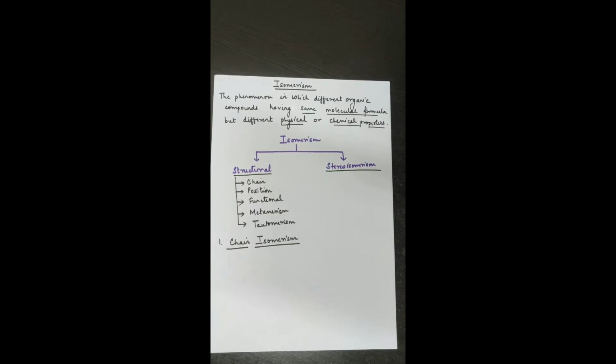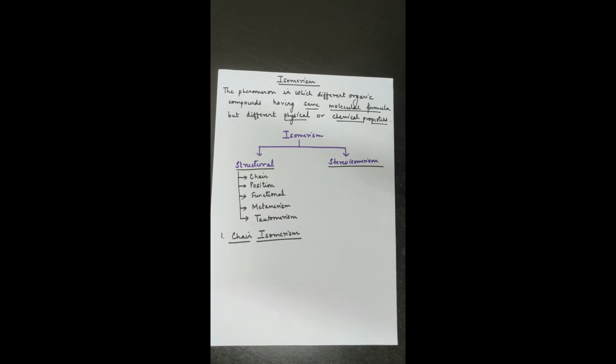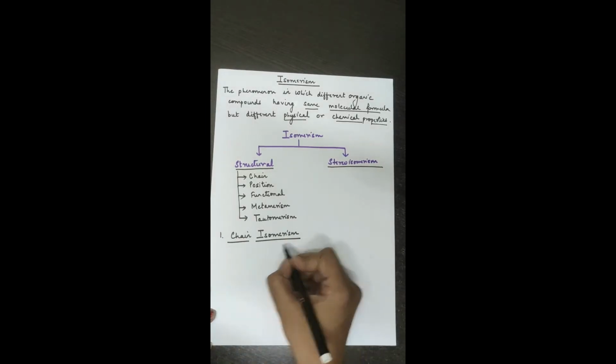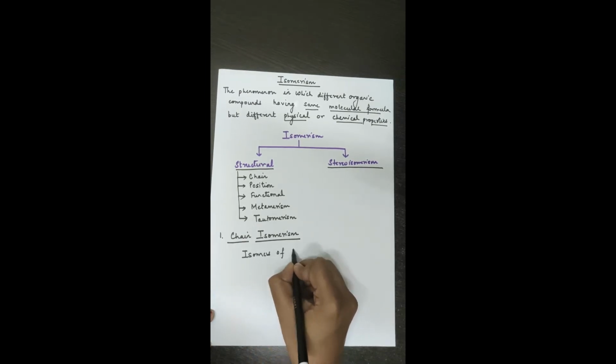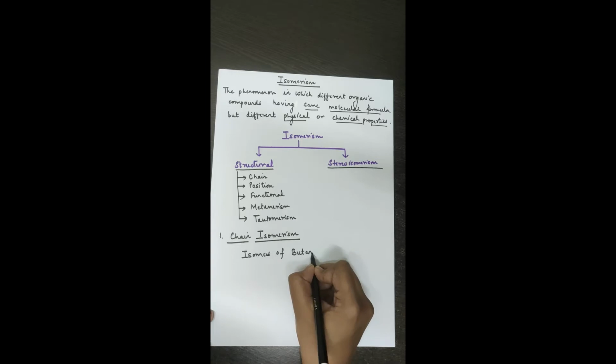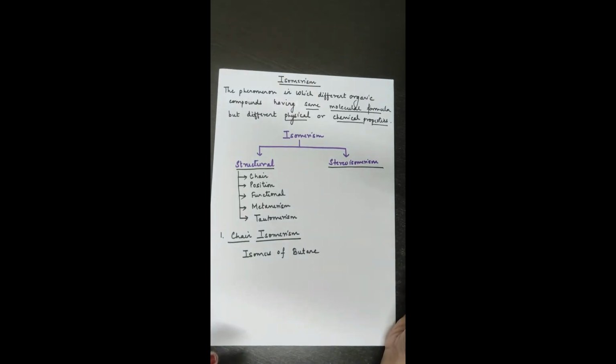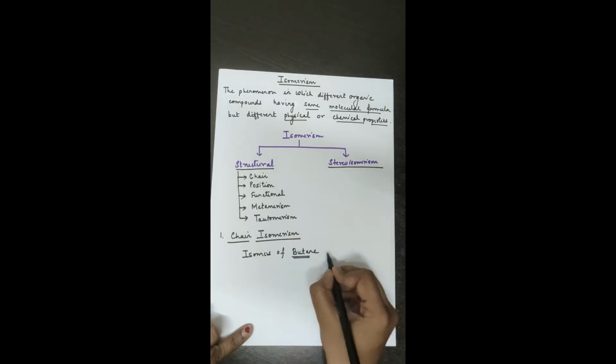The first one is chain isomerism. Now, what do you mean by chain isomerism? Under chain isomerism, the isomers, like I said before, will have the same molecular formula. Say, for example, we have to look into the isomers of butane. Butane is how many carbons?